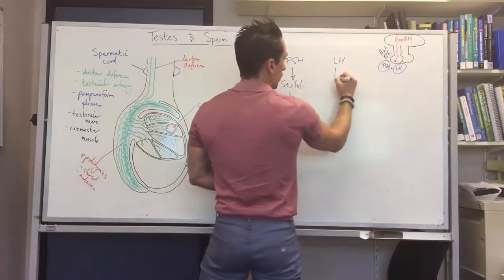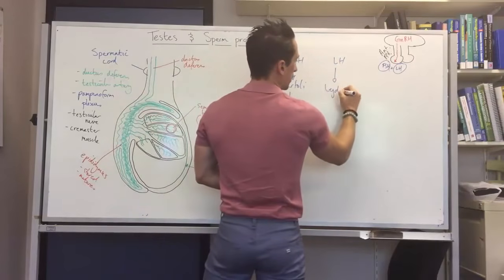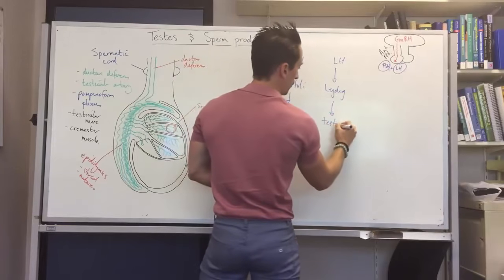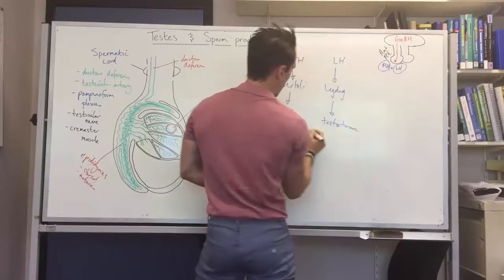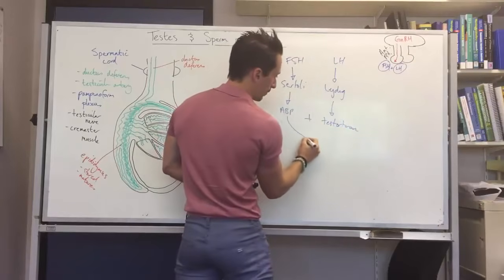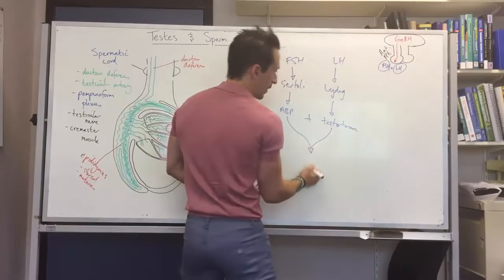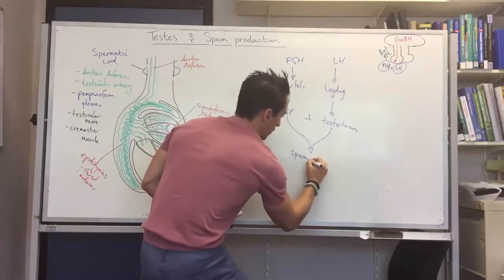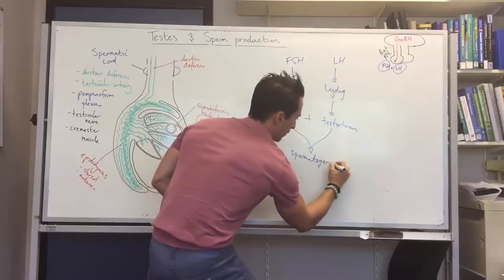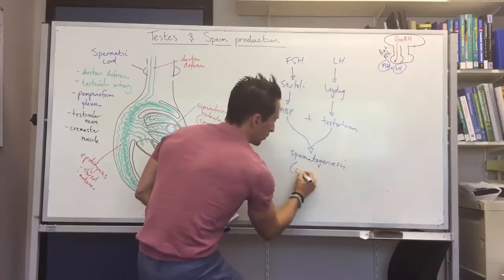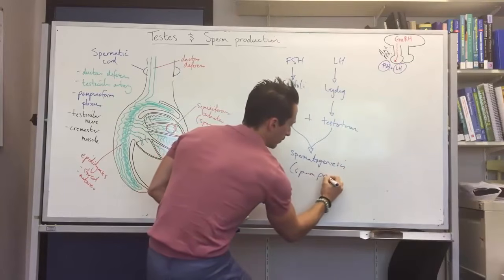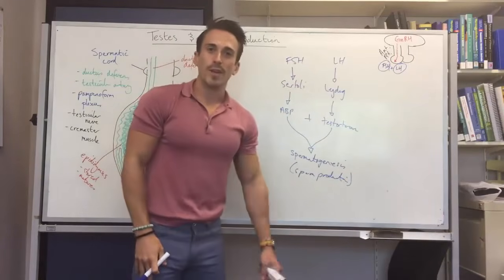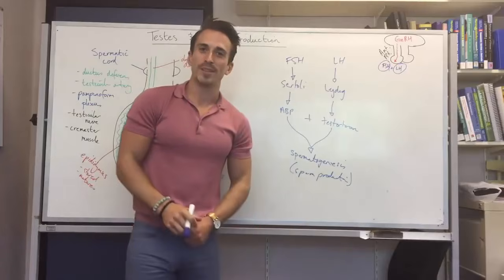Luteinizing hormone stimulated the Leydig cells, and they released testosterone. Together, these stimulated spermatogenesis, which is sperm production. So if you have any questions, pop me an email. I hope that made sense.